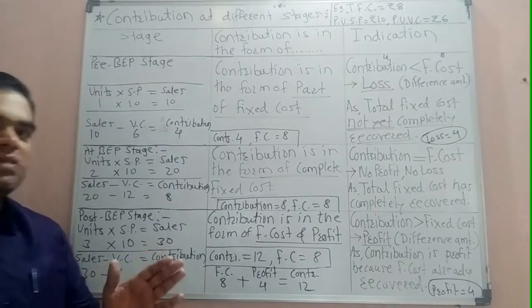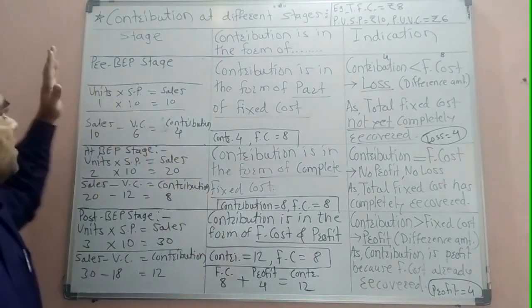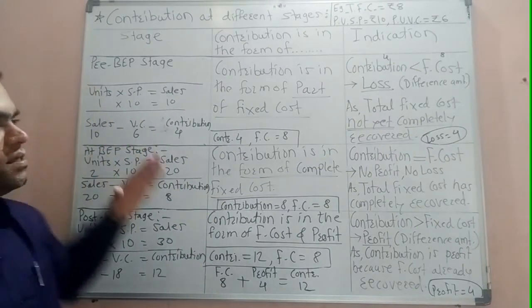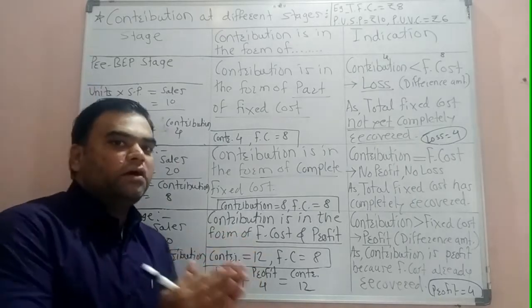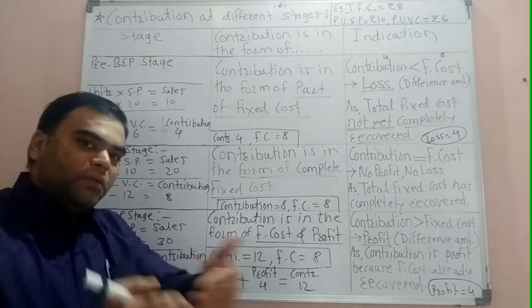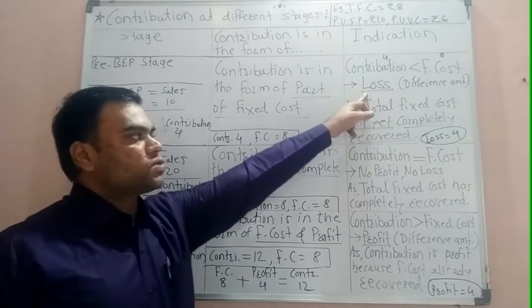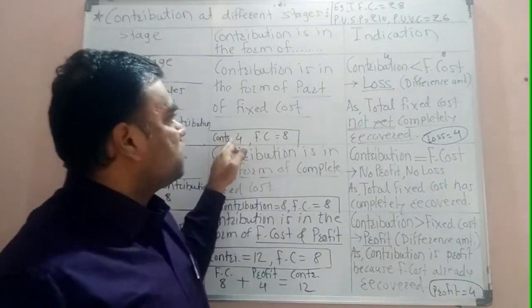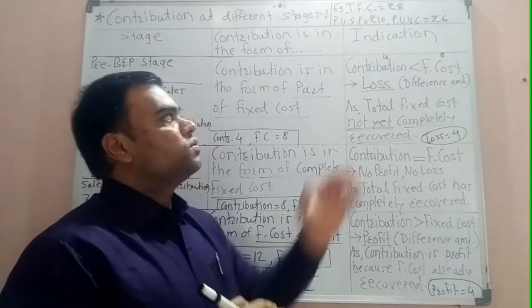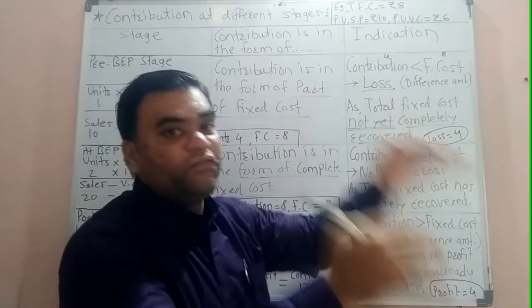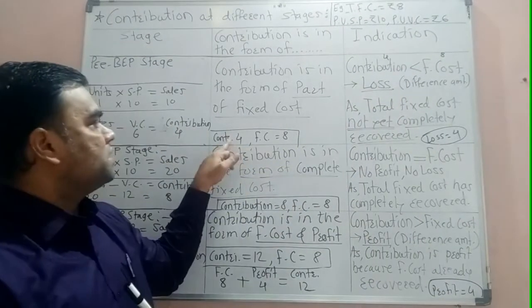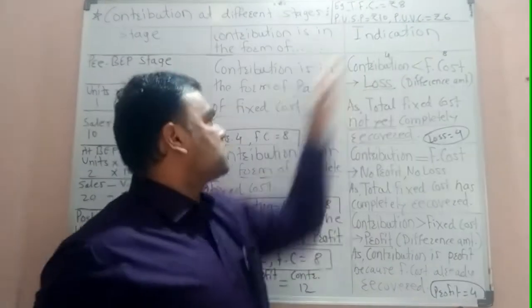As we discussed in the last lecture, BEP stage means no profit, no loss stage. In the pre-BEP stage we suffer loss. Why? Because our contribution is not enough to recover our complete fixed cost. You can see our contribution is only 4, complete fixed cost is 8.